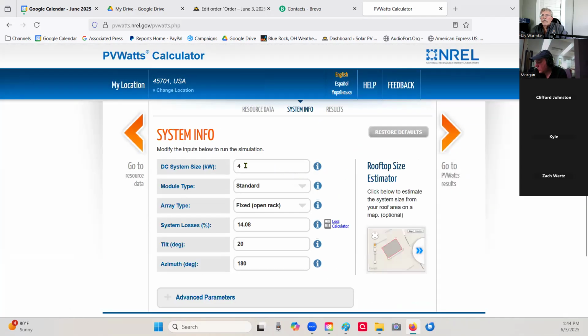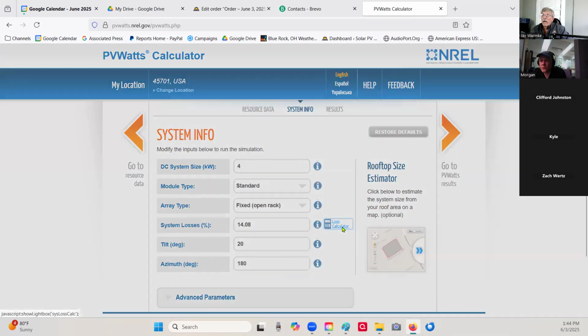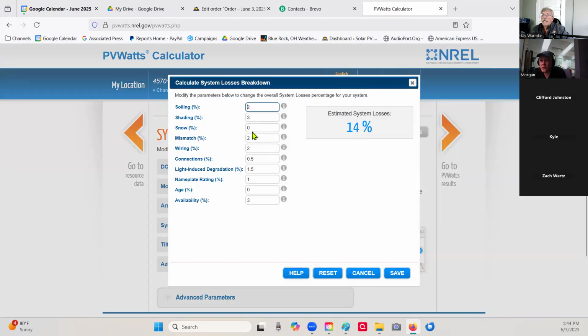Now it's going to ask us what the system size is. For this exercise, we don't care what the size is. It will allow you to figure out your derate losses. This calculator gives you all of the different things that could add to the derate of your system. They're saying soiling is going to be 2%. That might be a little extreme. Soiling is just dust and pollen and things like that.